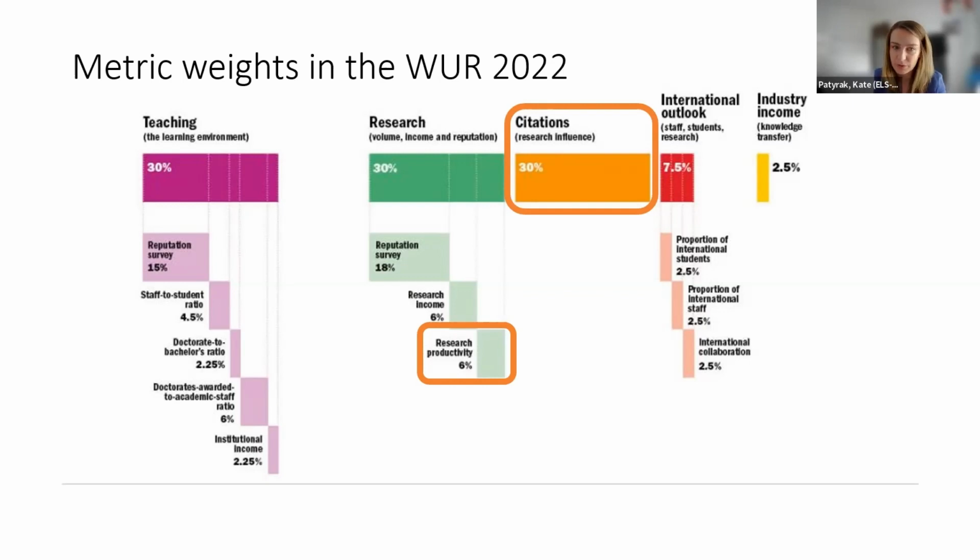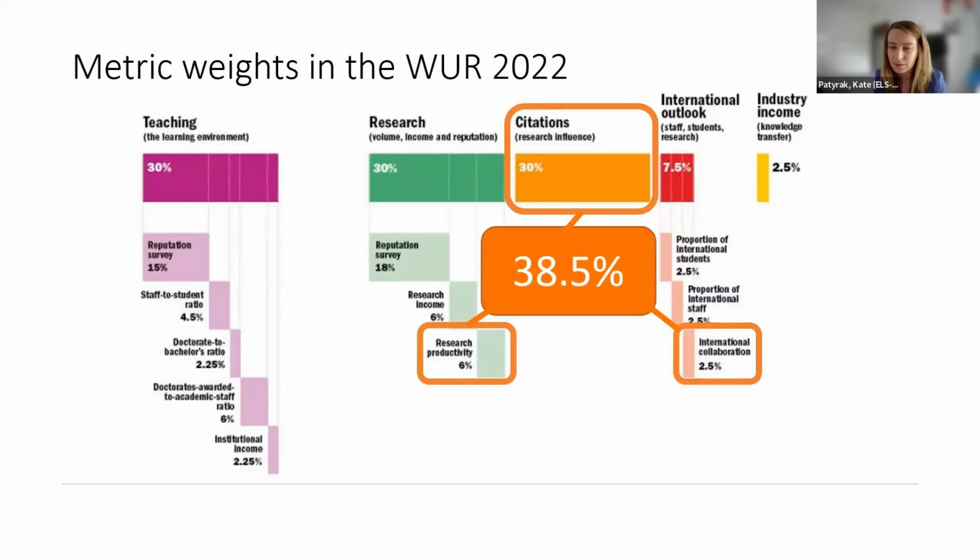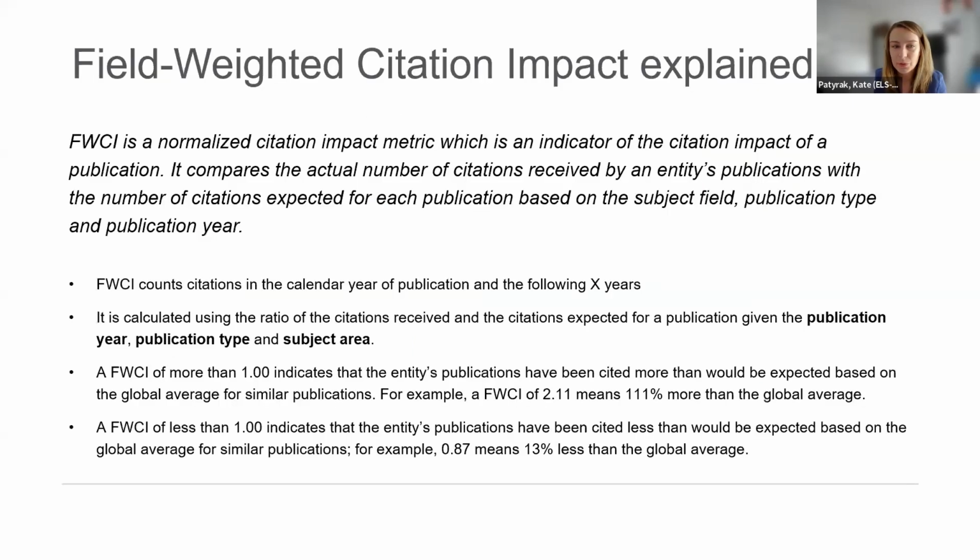And this is how often your publications are cited. And then we have international collaboration, which is 2.5%. And this is how many publications are published within the international collaboration. Together, we have 38.5% of the points that are coming from the Scopus data.